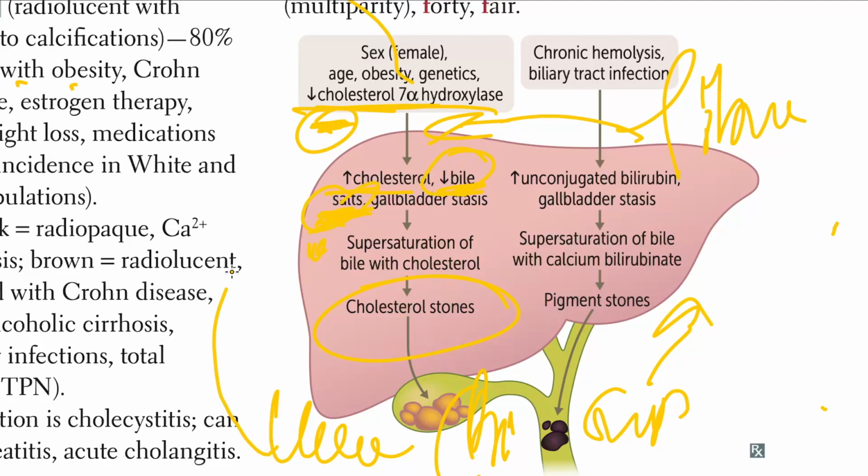If you give the supplement, you're increasing the bile salts. When you're increasing the bile salts, the ratio almost gets equal, and you're preventing the gallstones. The increase in bile salt concentration improves cholesterol solubility and promotes cholesterol stone dissolution.